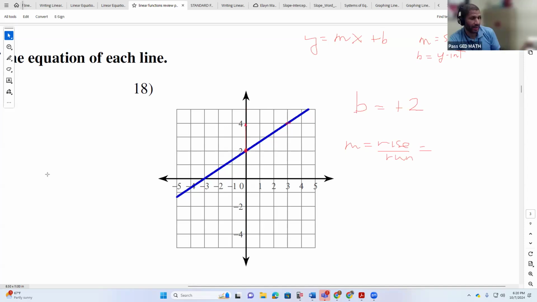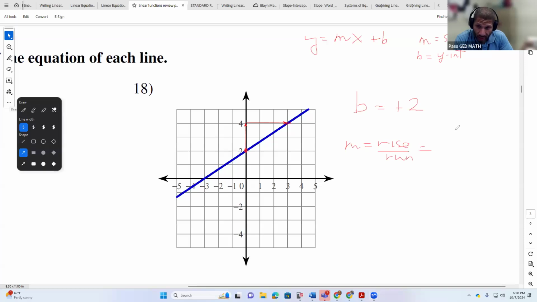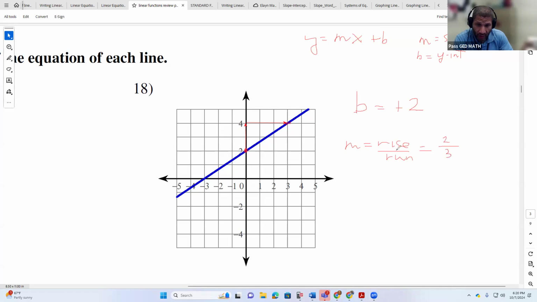So I know my rise is 2. Now, which way do I have to go to get to my point? The right. Let's count. 1, 2, 3. So now we have our rise and our run. Our rise is 2. Our run is 3. What's the slope of this line?